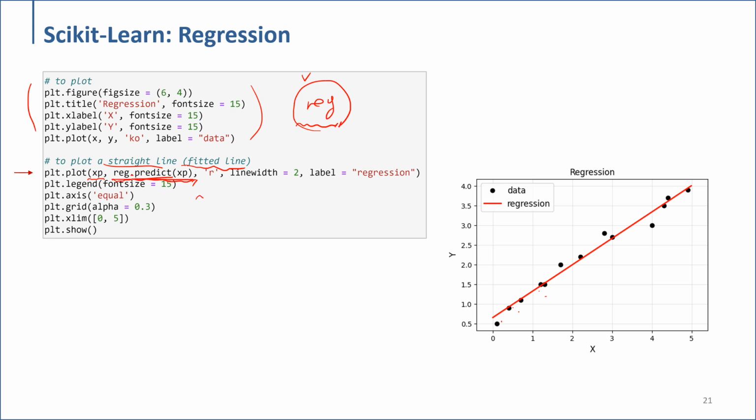This would be the y hat, which are the predicted values of y. And by plotting this as a red line, you can see that the regression model represented in the red line represents the relation between x and y very well.